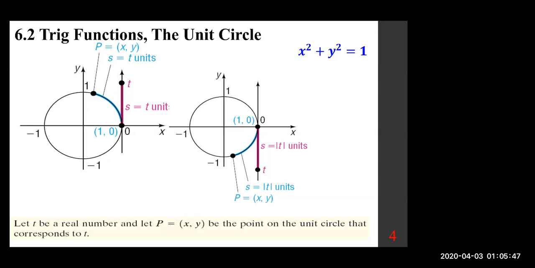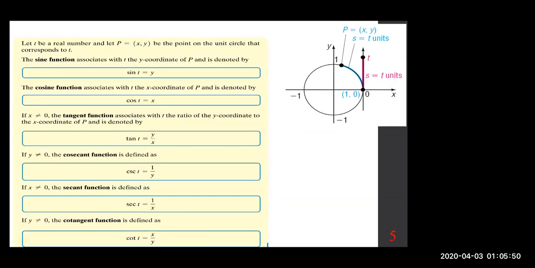And now that we have that, and this is important, we are going to define sine and cosine accordingly, which means we are going to define sine t as the y coordinate, and cosine t as the x coordinate. Now, the rest of the definitions: most of you remember the relationship between sine, cosine, and the rest of the trigonometric functions.